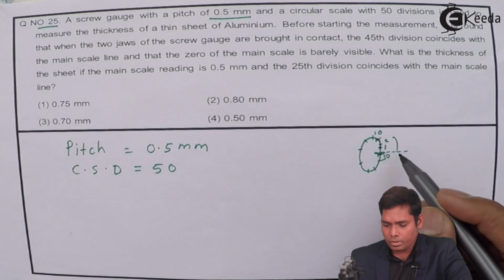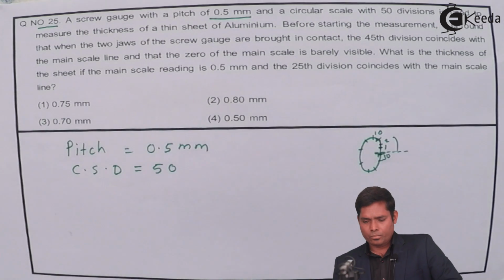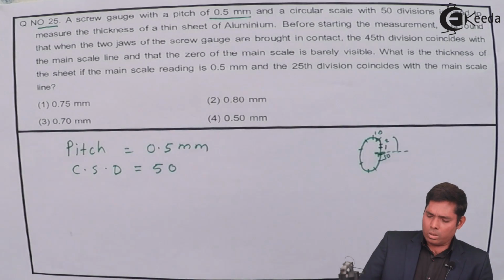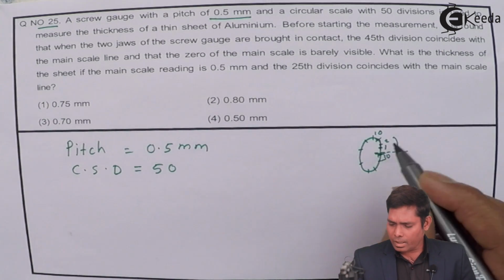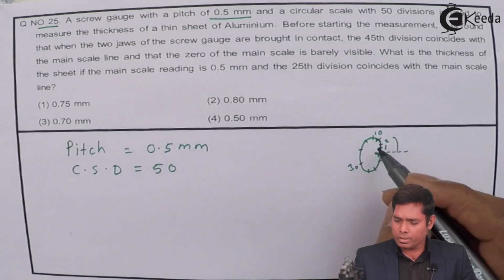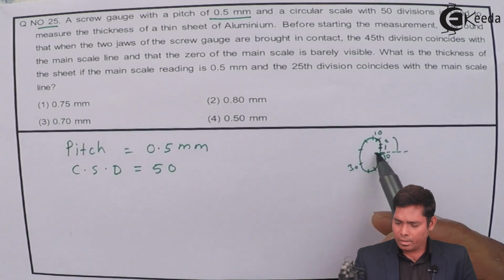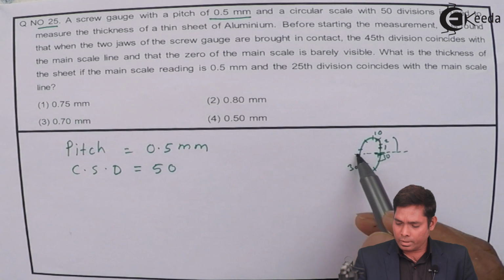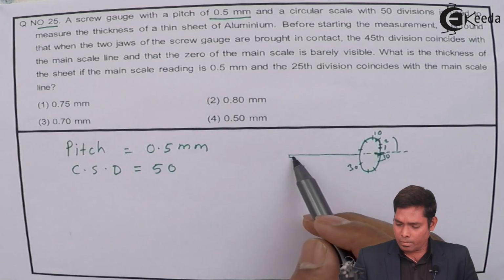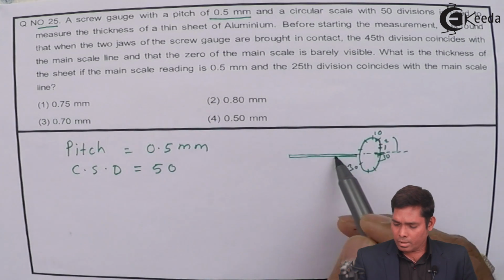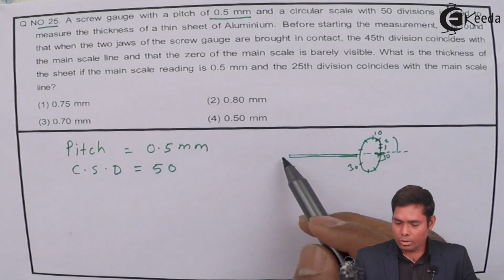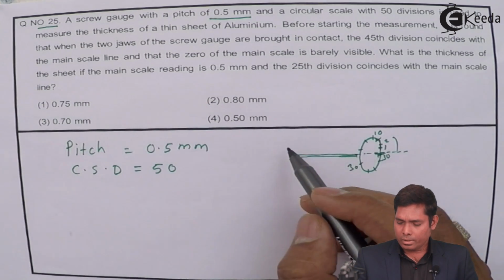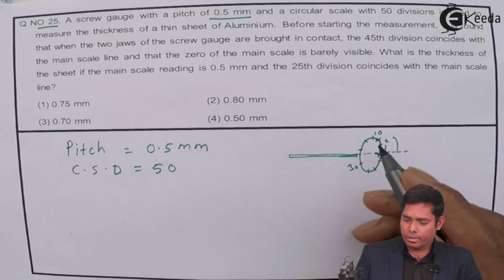So 50 and 0 are in the same line. There are 50 divisions in that circular scale, and one linear scale, which is here. You must have seen the screw gauge.